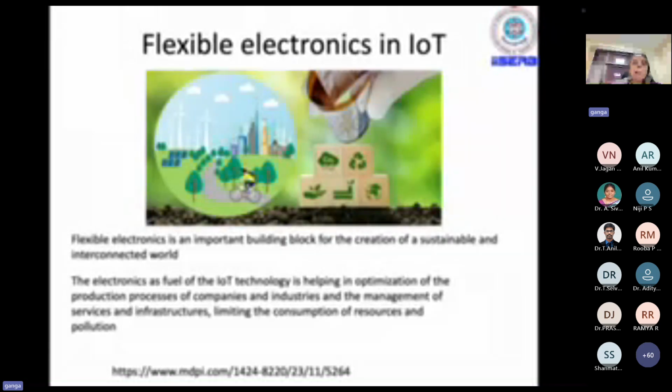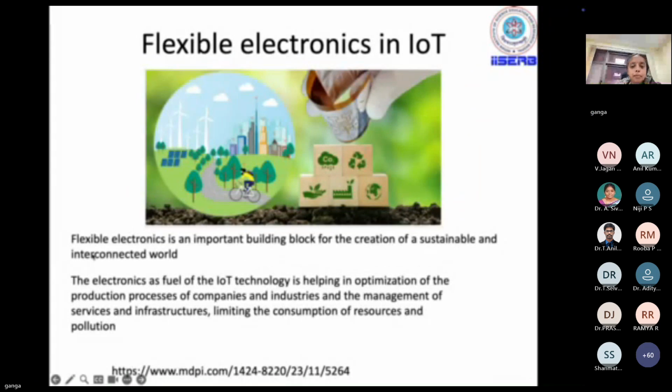And now I'm going to introduce a new technology. We are quite familiar with this standard crystalline silicon based technology. Now I'm going to introduce a technology which allows flexible electronics. Even these flexible electronics are finding potential applications in IoT.